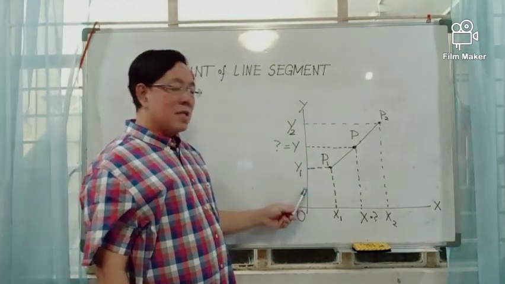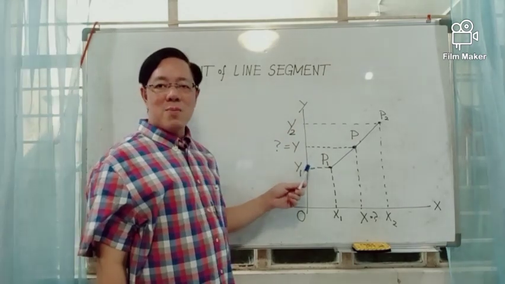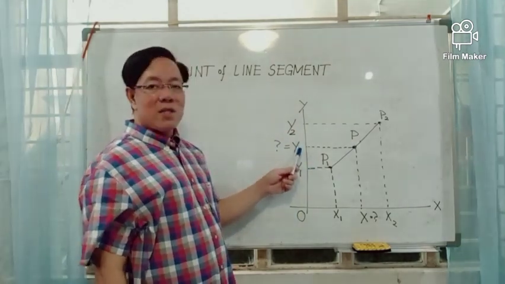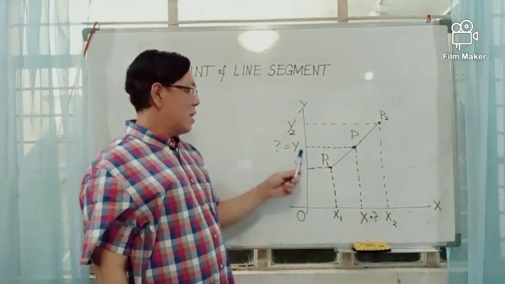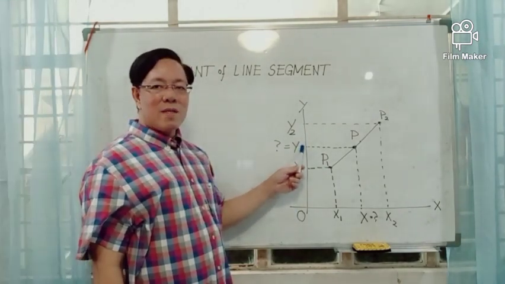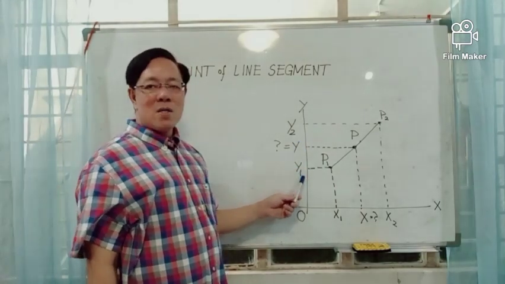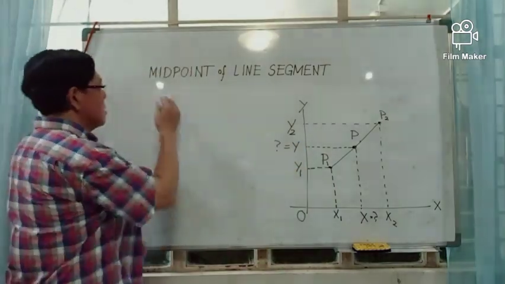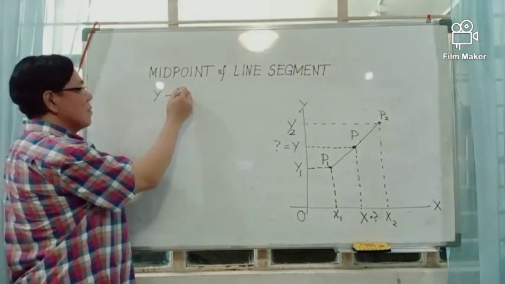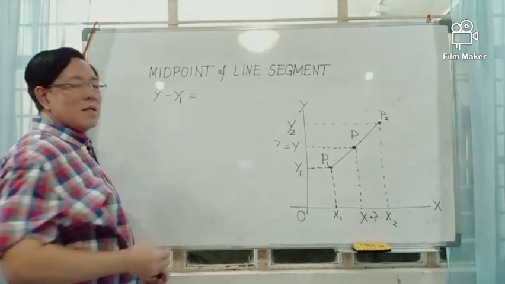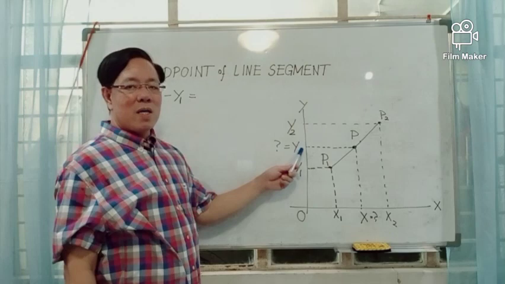When you get the distance between 2 points on the vertical axis, you start with the higher point. We get the distance between y1 and y, and that distance is given by y minus y1. We write y minus y1 is the distance between y1 and y.